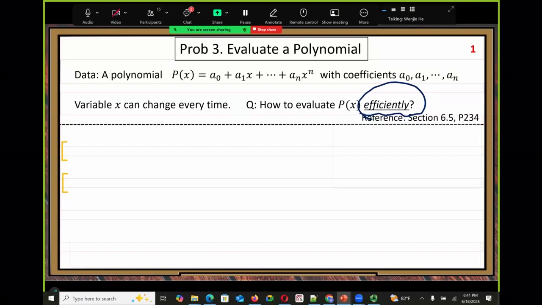Here I give you the reference: section 6.1, the later chapters. Another reason why I jumped to this chapter is because I need to give you programming project number 1. So this topic is our programming project number 1. And the knowledge you need, you have the knowledge: polynomial knowledge, multiplication, addition.